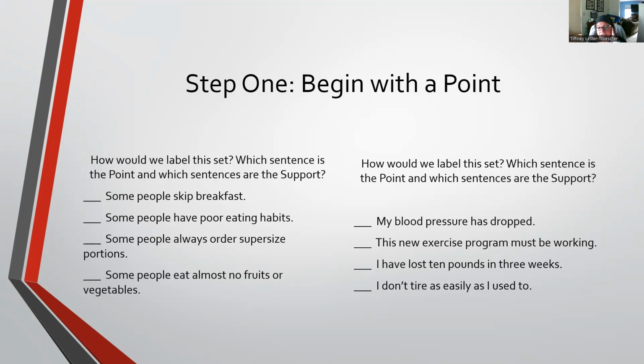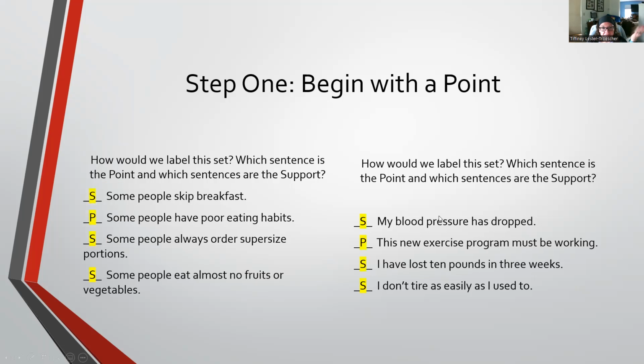So now I'm starting to figure out that some of these sentences are reasons why the exercise program must be working, right? So this would be our point, this one right here. Support, support, support. And that was correct, right?